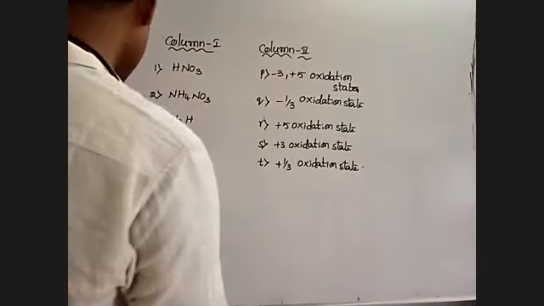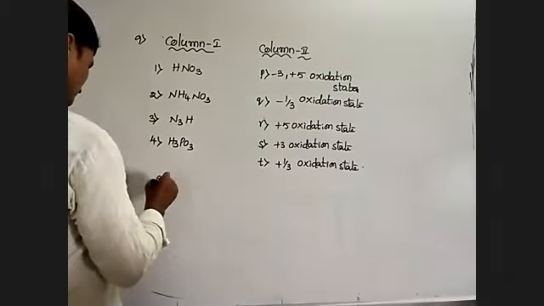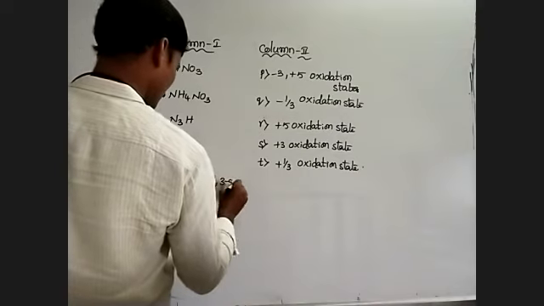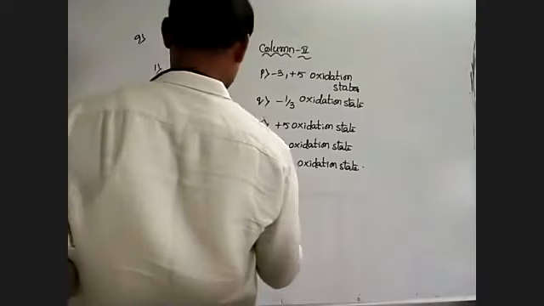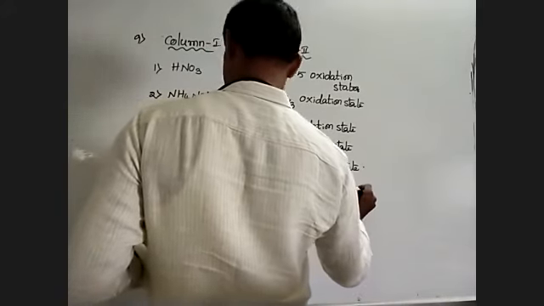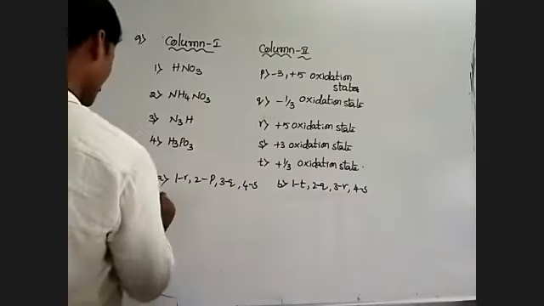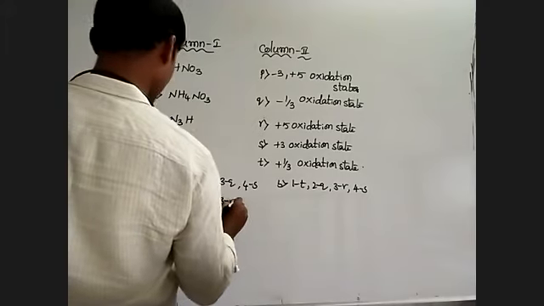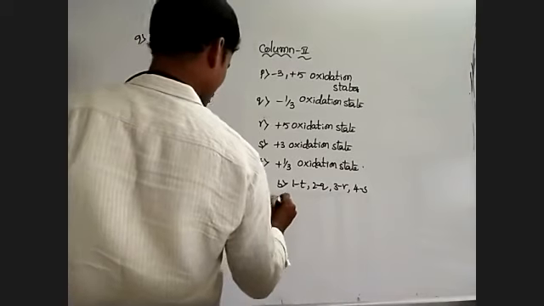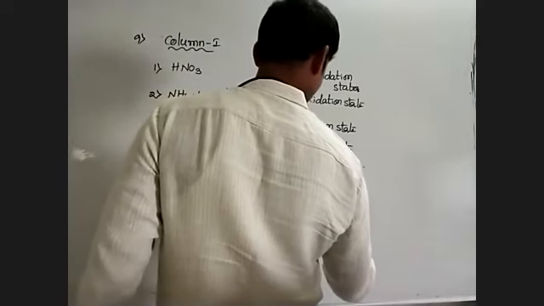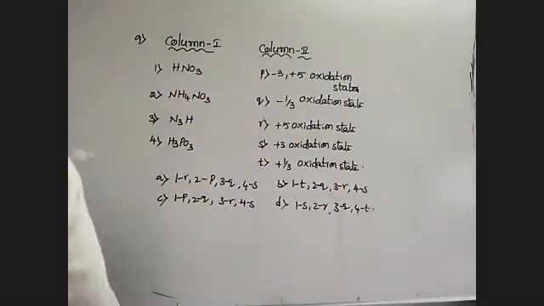Right. So 4 options are given. 1R, 2P, 3Q, 4S. And option B, 1T, 2Q, 3R, 4S. Next, C, 1P, 2Q, 3R, 4S. Next, D, 1T, 2R, 3Q, 4T. So there are 4 options. So oxidation state.